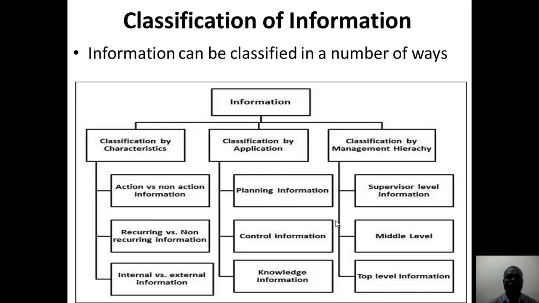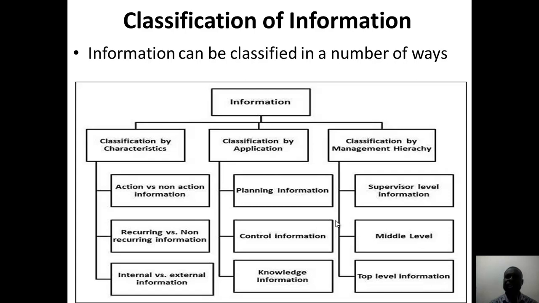Apart from that, we have classification by application. We have planning information. When you're planning for your day-to-day activity or doing a long-term planning, you still require information systems. And that information you obtain from this must be able to help you to plan. And then control information. Control information is when you are already in operation, but you require certain information to adjust your operation.